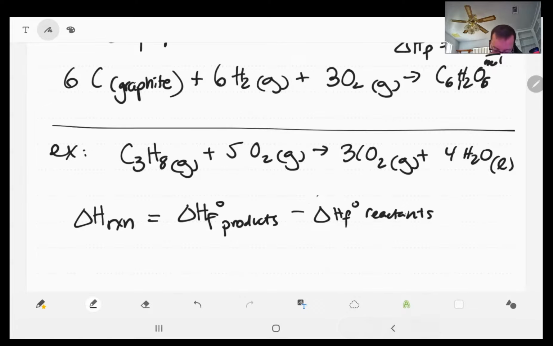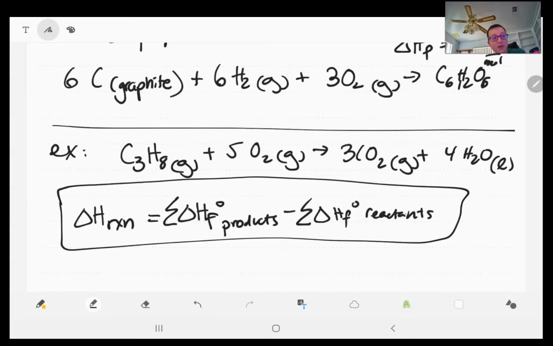These technically are sums, so add up all your delta H's for your products and all your delta H's for your reactants. If we really wanted, we could split up the carbon and hydrogen in propane and do all the same for all these compounds, and we're going to see that all those elements would cancel out, except for the ones that we need here. So the easy way for us to do it is to just understand this: the formation of our products minus the formation of our reactants will give us delta H for any reaction.